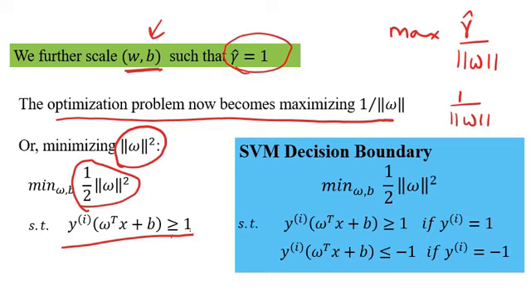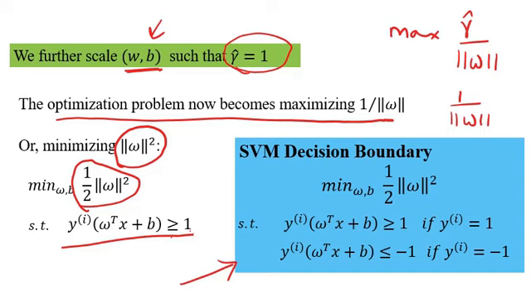So the final form of our SVM decision boundary can be written as minimizing, parameterized by w, b, one half of the norm of w squared, such that y_i (w^T x_i + b) is greater than or equal to 1 for the positive samples, and this quantity is less than or equal to minus 1 for negative samples.